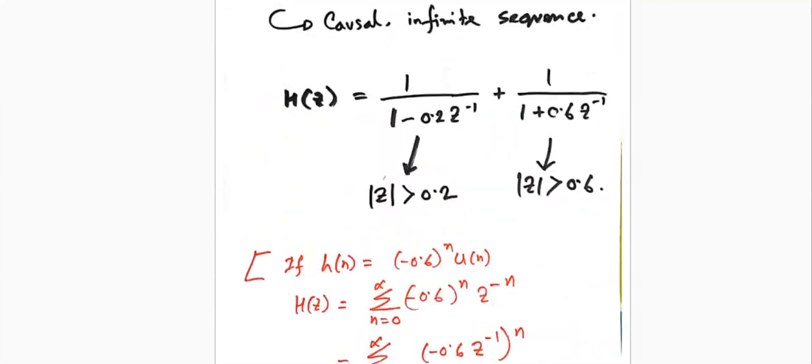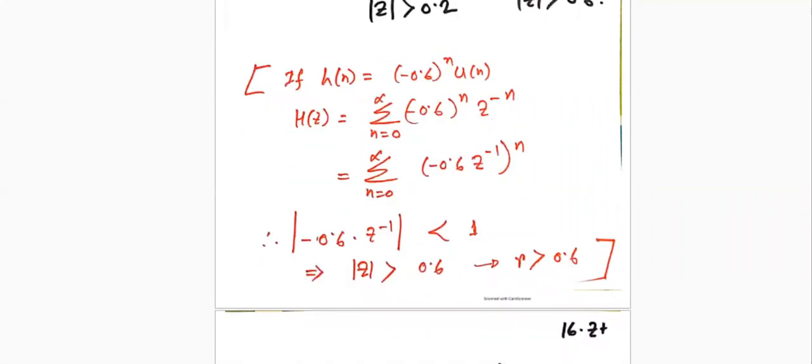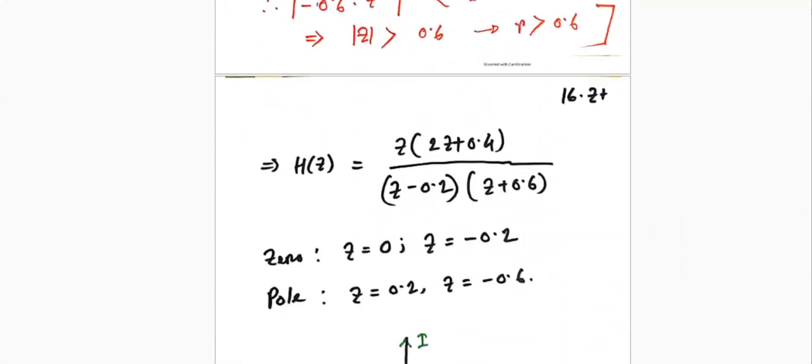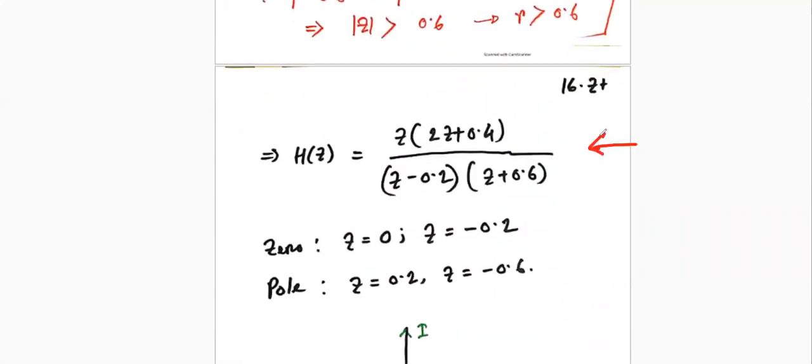So from this expression, if we extend the equation, we can write this expression in pole-zero format, so that we can find the pole locations and the zero locations. From this equation number 1, we can find there is a zero at 0 and a zero at minus 0.2.